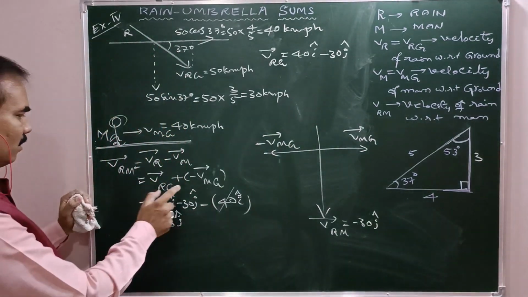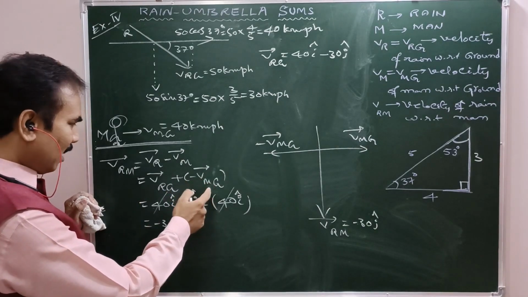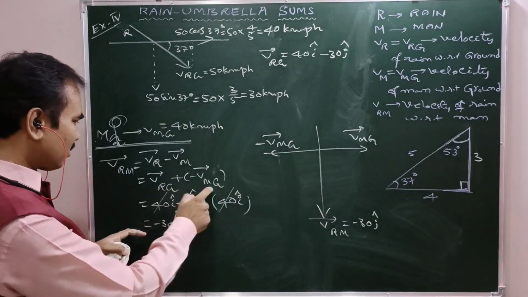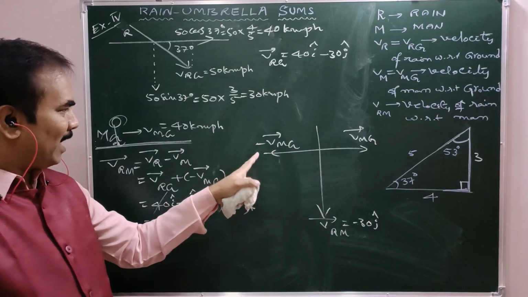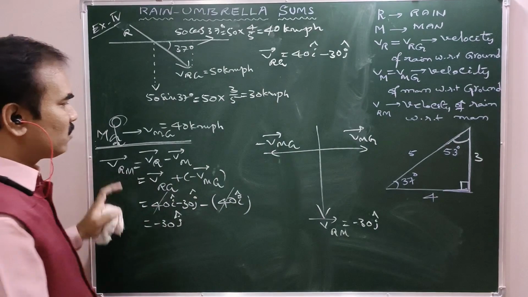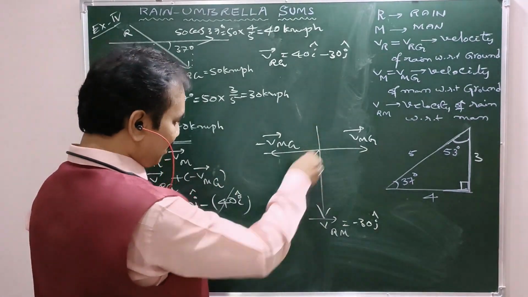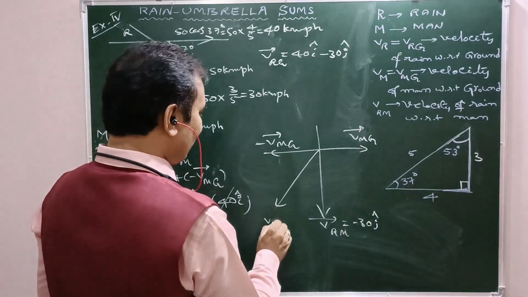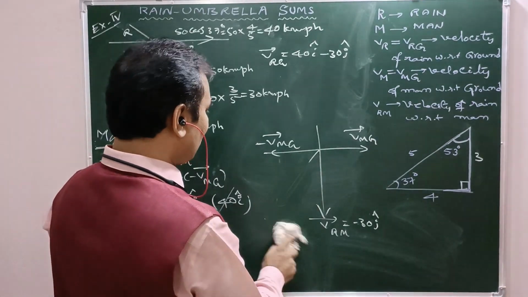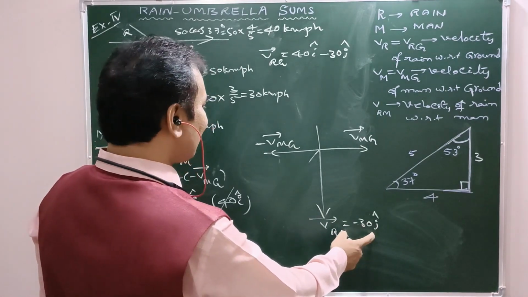Now see here, minus VMG and VRG collectively form VRM. So VRM is the resultant of these two vectors, VRG and minus VMG. So VRM means minus 30j.